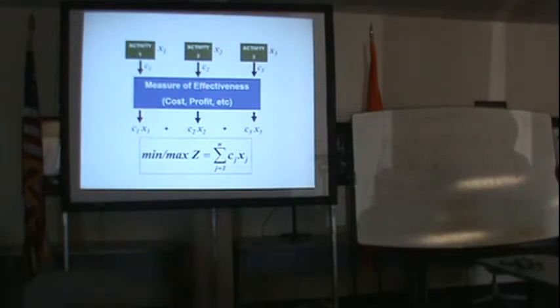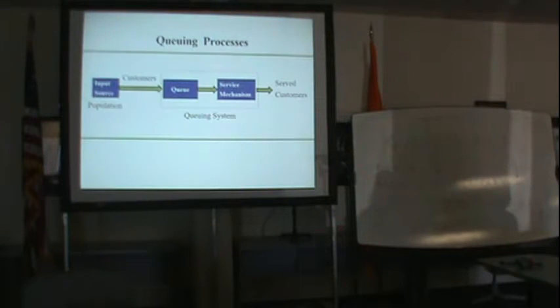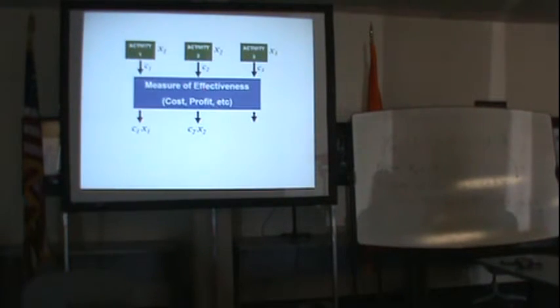Usually the measure of effectiveness, the sum, is called the objective function. And the name of the objective function usually is Z. We use the letter Z. So what do we want to do? We want to optimize the measure of effectiveness subject to the resource constraints. Okay, what are the resource constraints?